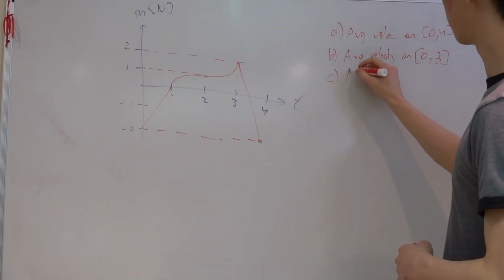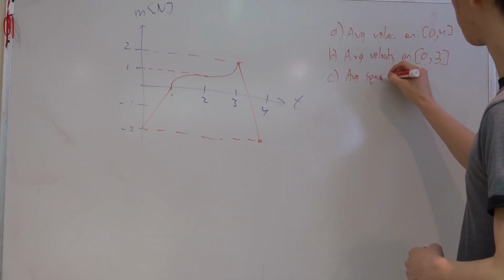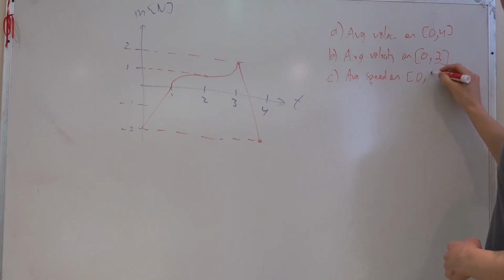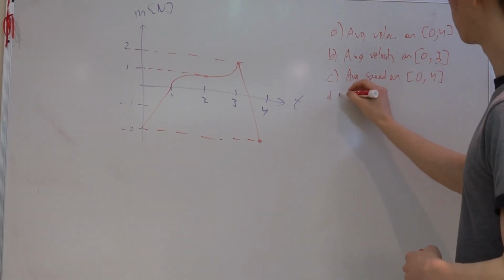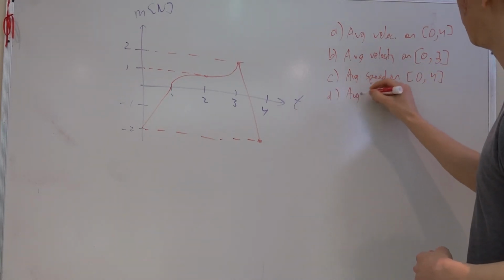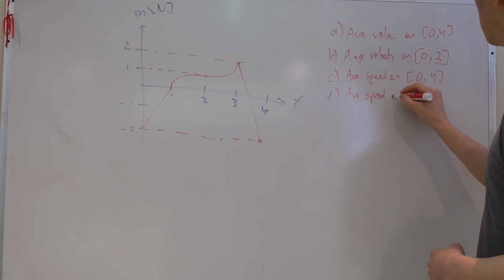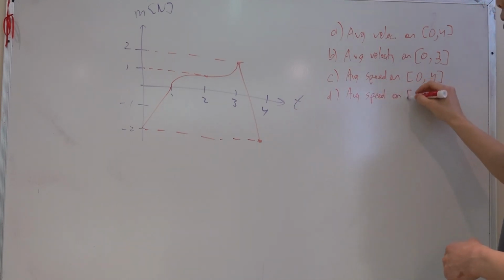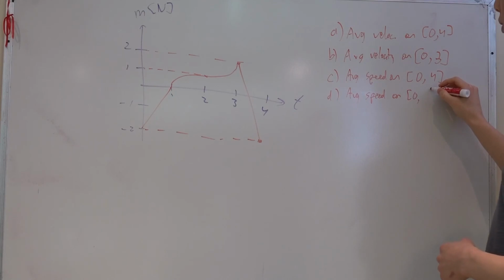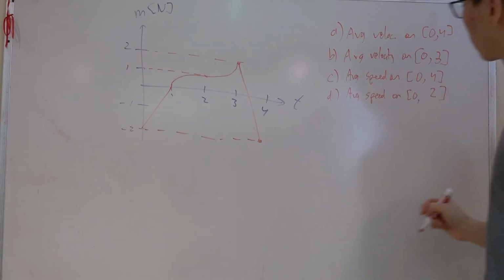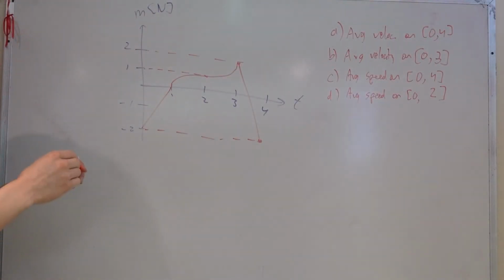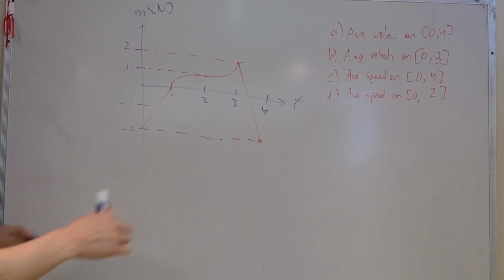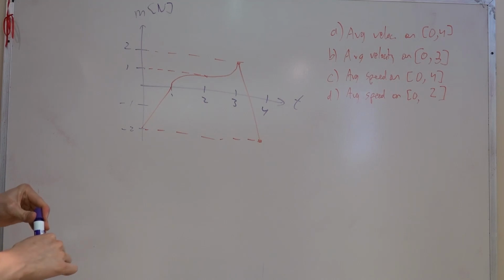Then I want to ask what your average speed was on 0 to 4. And then what your average speed was on 0 to, let's do 2. Okay? So try and work through those ones. Given the first example, these should be not too much different. Okay? Pause the video, work on them on your own.